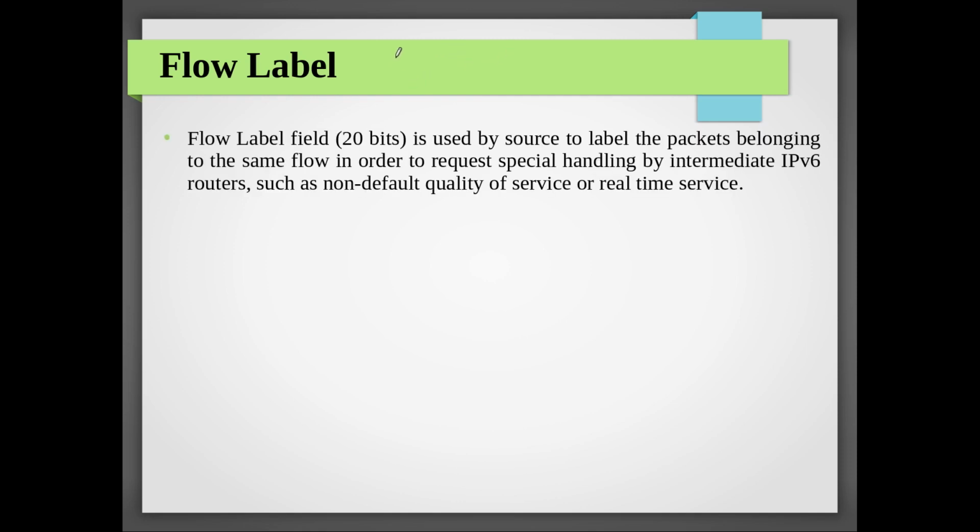Now the next field, that is the last 20 bits field, that is the flow label. I already told you, we will discuss what a flow is here. So as of now, you can think of it like this. Flow label is a 20-bit field. It's used by the source to label the packets belonging to the same flow in order to request special handling by intermediate IPv6 routers, such as non-default quality of service.